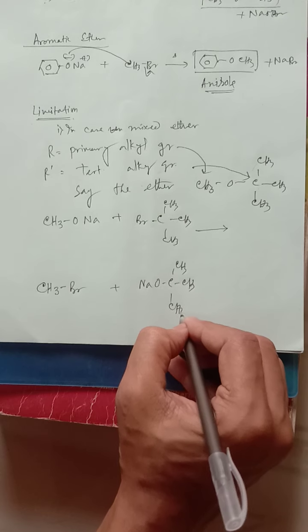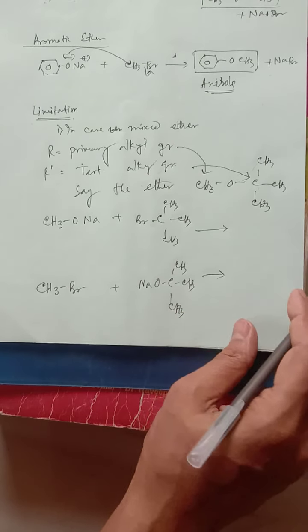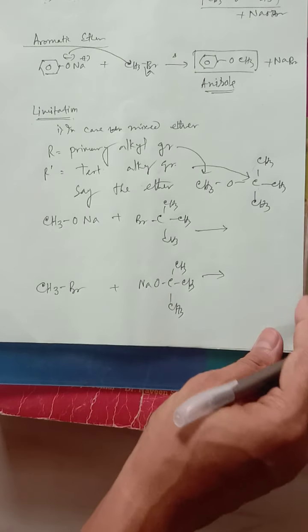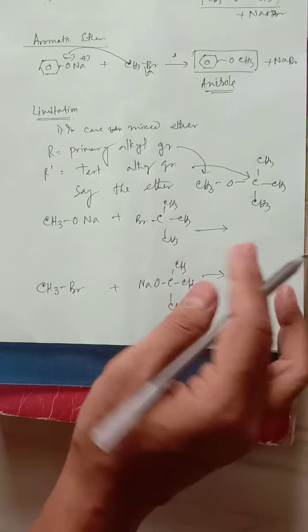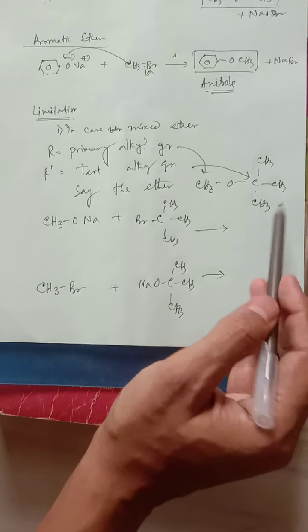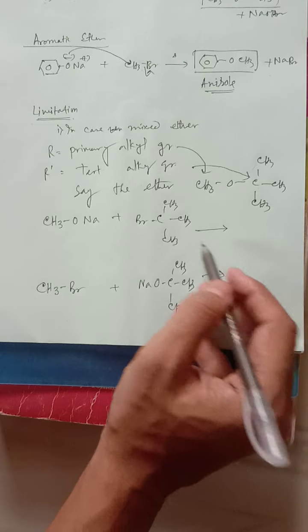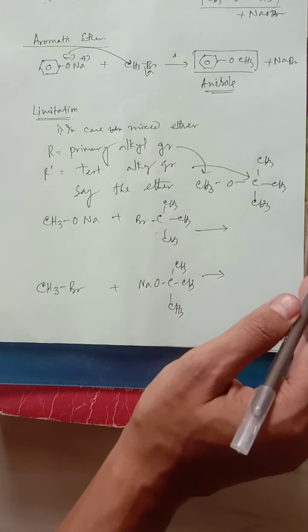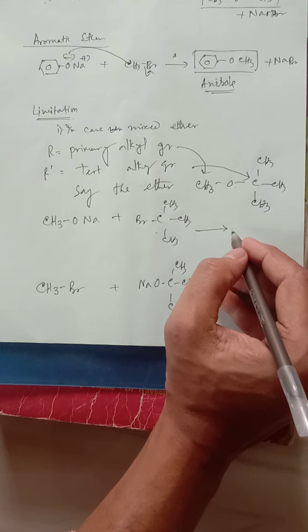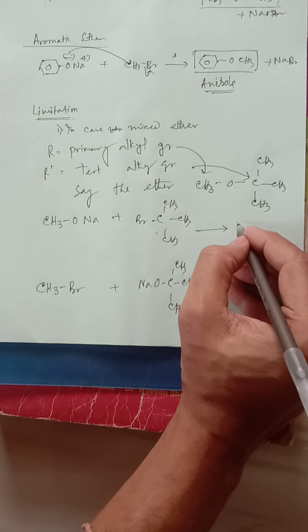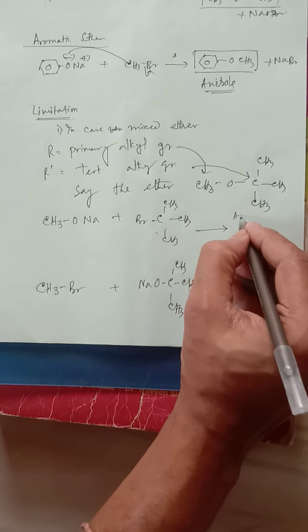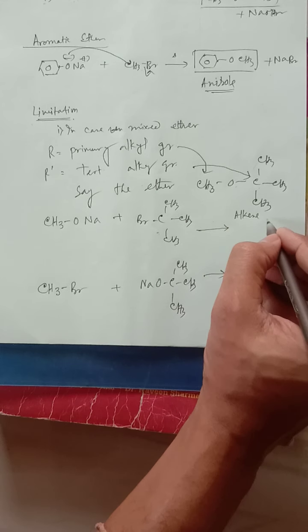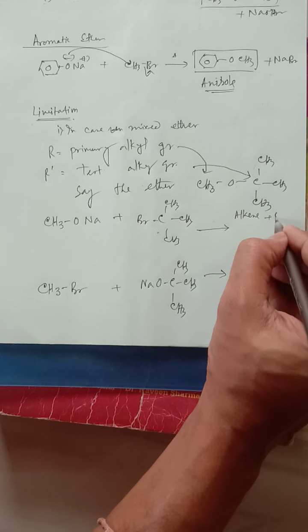Now which is favorable? Which type of reagent can produce exactly this compound? Whenever we take this one, it cannot prepare this compound. It will prepare a different thing. That means it will prepare alkene plus methanol.